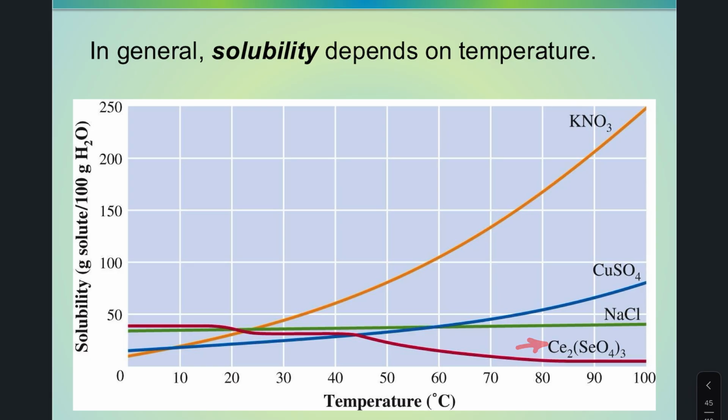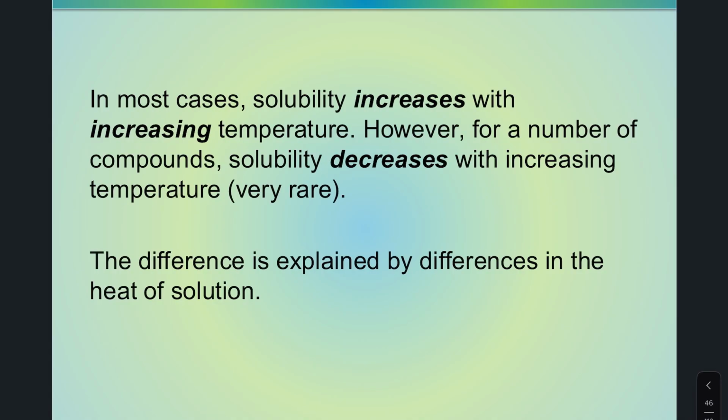That goes down. It depends on a couple of factors, but this is a rare instance in which the solubility is going to decrease with an increase of temperature. But it does exist. Generally, as you go up in temperature, your solubility is going to go up greatly. And so we'll keep that in mind as well.